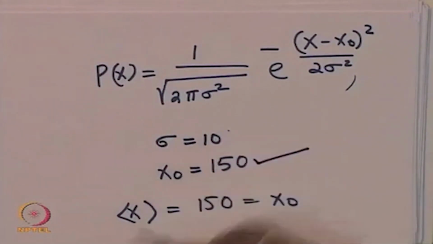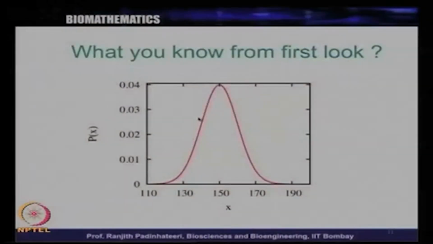And how do we find sigma? It turns out that sigma is related to the width of the distribution. If you look at the slide, the width, the distance. You can measure the width here, the width here, the width here.